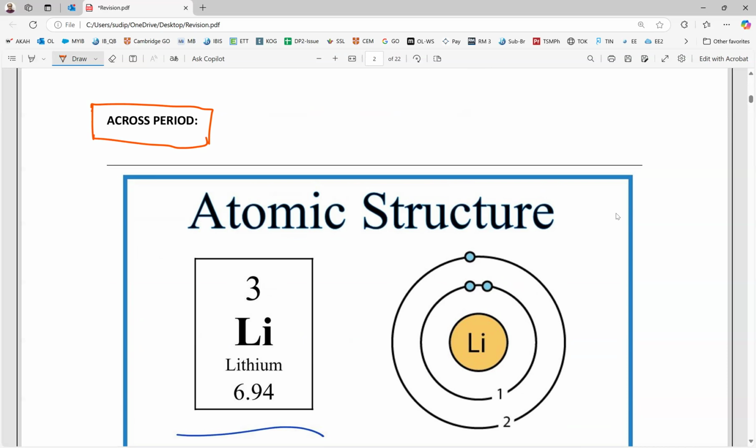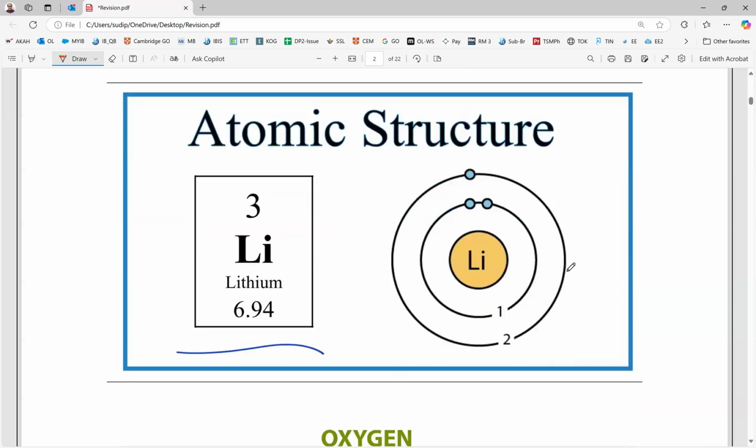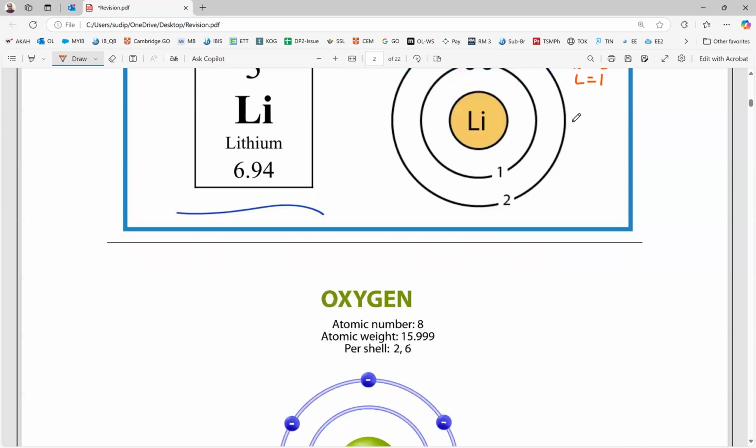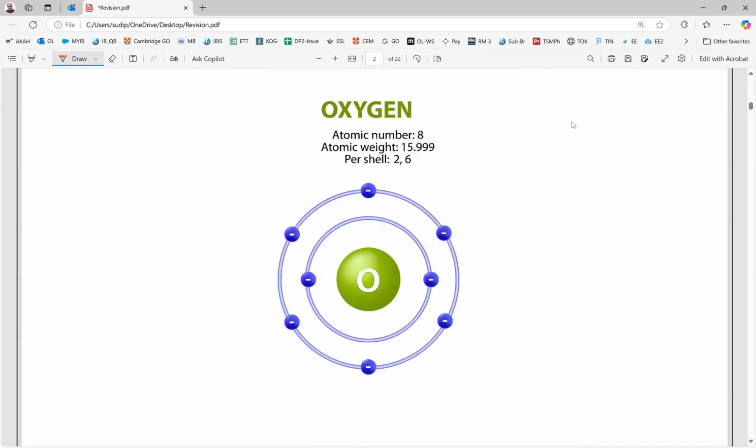So across the period, as I have written out, if I take lithium, it has two shells, if you see, right? It has K, which has 2, and L, which has 1. If I take oxygen down here, this also has 2 shells, because K has 2 and L has 6.